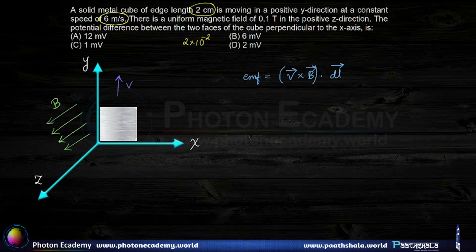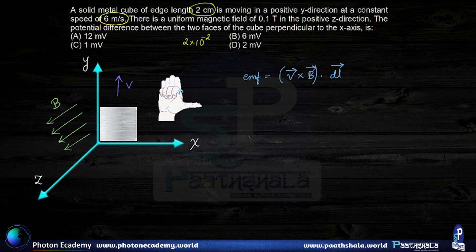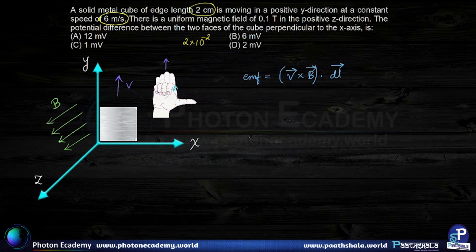So if we use the right hand thumb rule, then let us say I have brought a right hand over here. So we are basically pointing the fingers initially towards the direction of V, which is the positive y direction, and then we are curling the fingers towards the positive z direction.